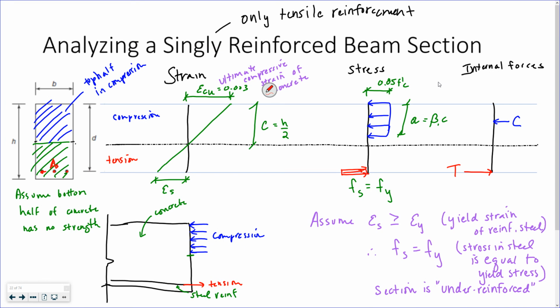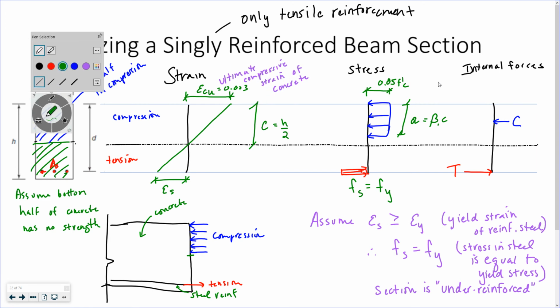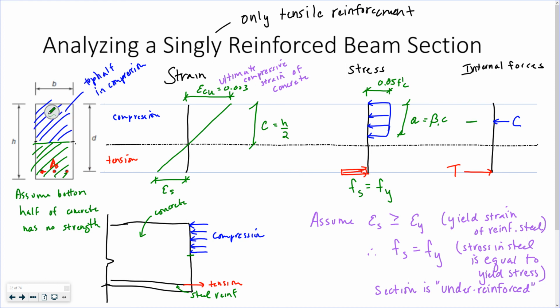When I'm calculating my moment capacity, I'm also going to need to know the location of these forces. You can see the tension force T happens at a distance d from the top. The compression force C happens at a distance a over 2 from the top, or beta 1 C over 2.